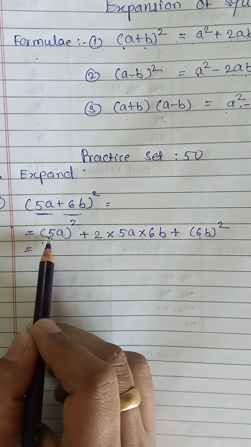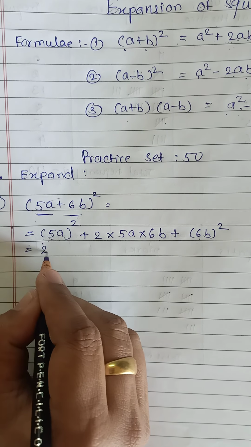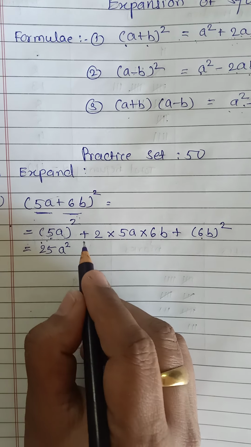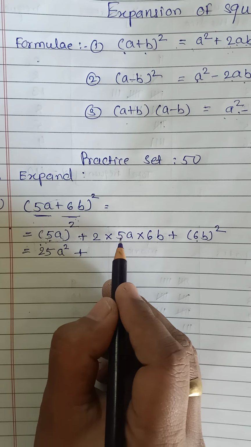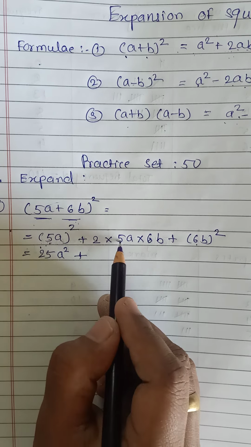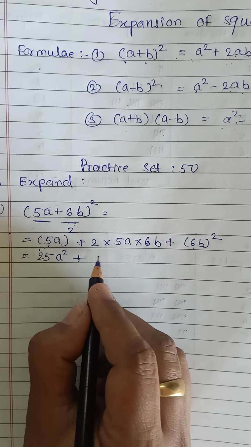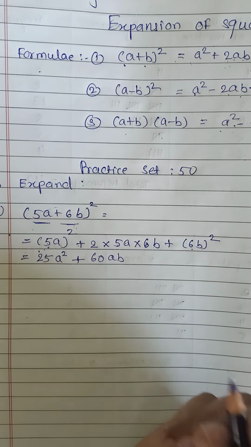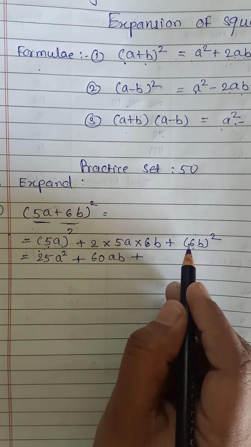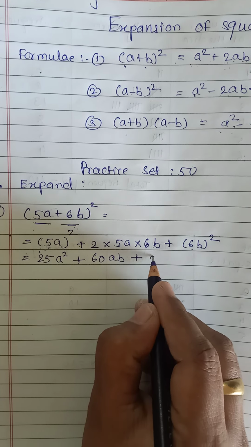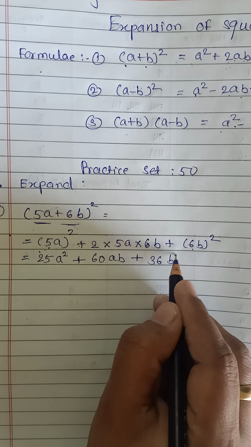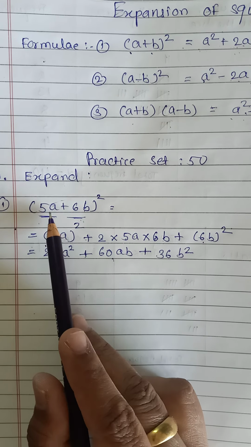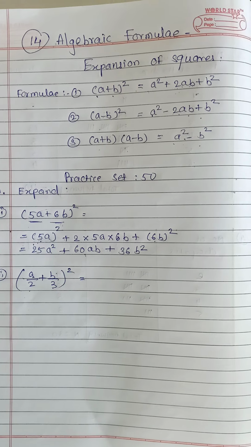So 5 square is 5 5s are 25 and a square, we have to write a square plus, now multiply these numbers first, 2 5s are 10, 10 6s are 60 and this variable ab, so this is 60ab plus (6b) the whole square, so 6 square is 36, b square is b square. So this is the answer for the first question.